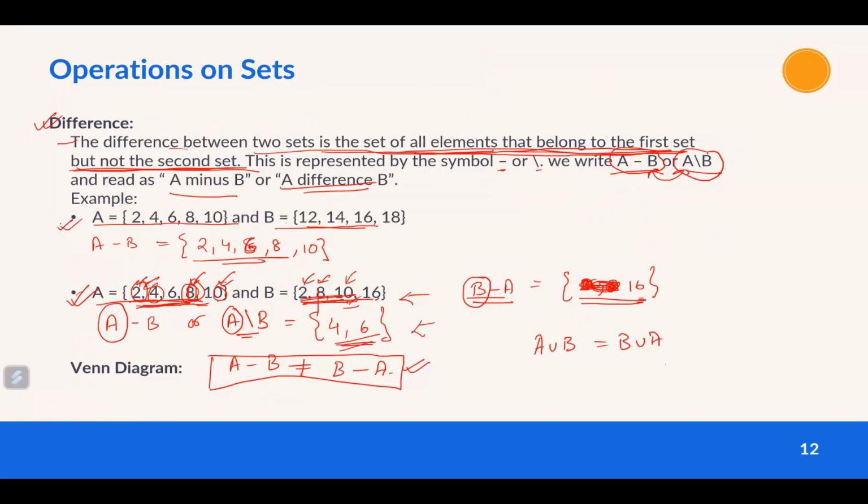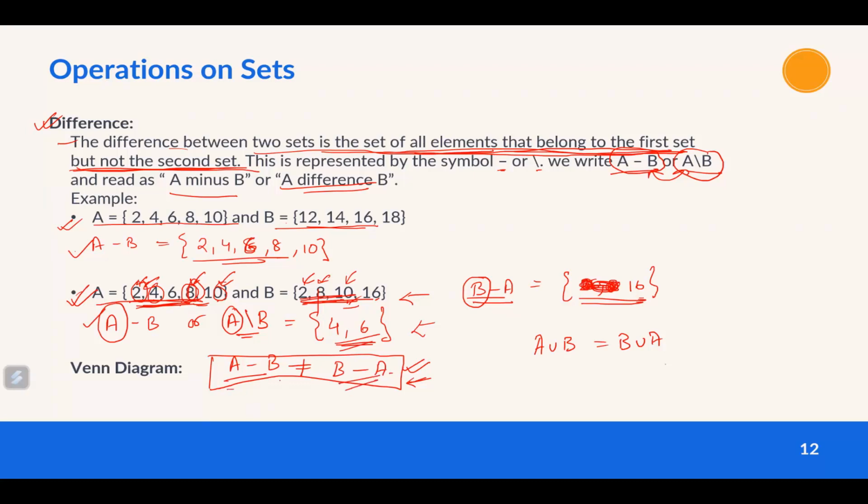But in this case, when we are doing the difference of two sets, we cannot say so. It may happen in some example that B minus A is same as A minus B, but generally it is not true. So there is no law that can say that this is true because this is not true. Okay. So A minus B will not be same as B minus A.